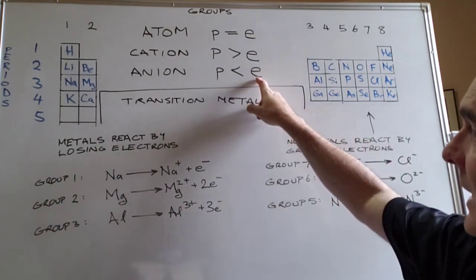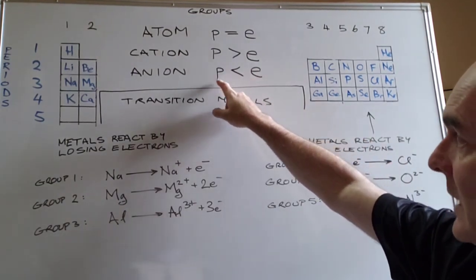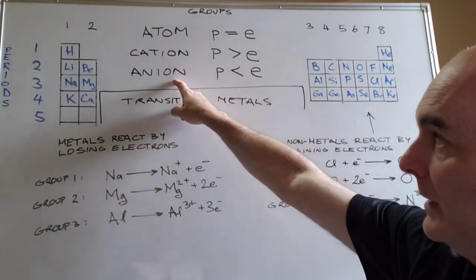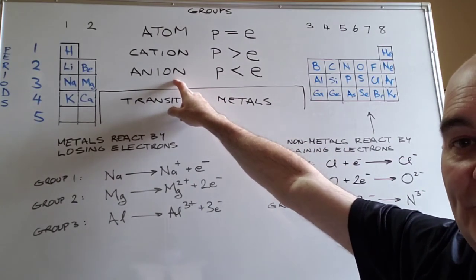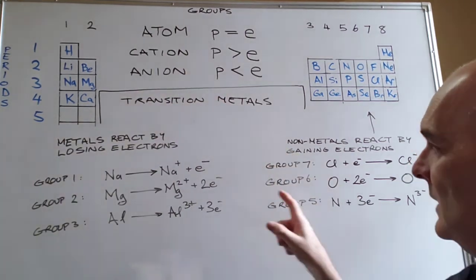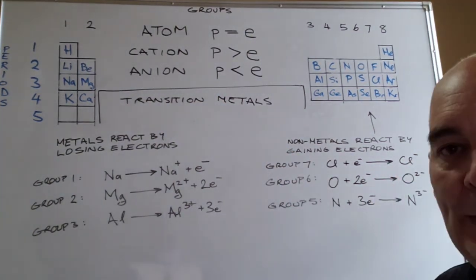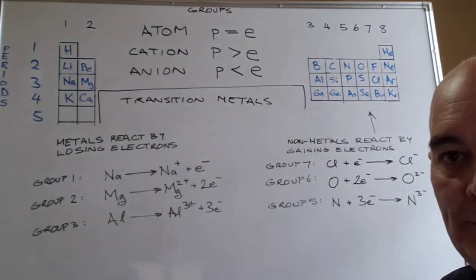Now the number of electrons is larger than the number of protons, and my negatively charged ion is called an anion. Everything in group 7 makes a 1- anion.